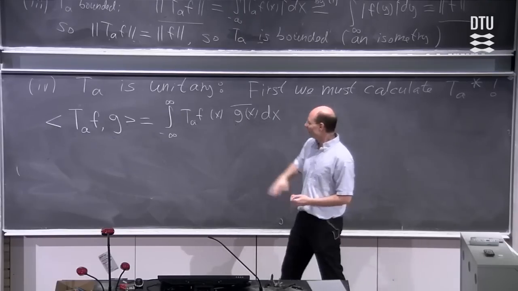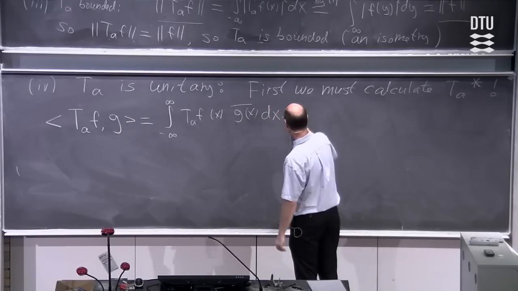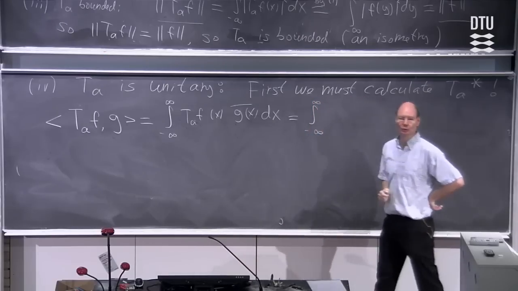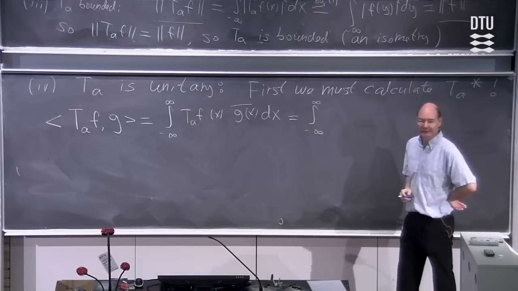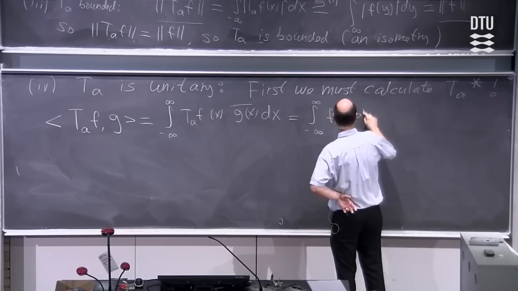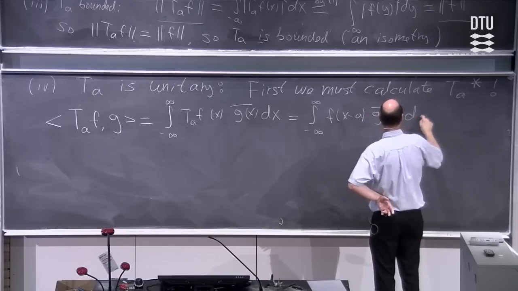In order to do that, we again have to write down what TA of f is. We always have to go back to the definition of the operator. So TA f of x is f of x minus a, and then g of x complex conjugated dx.